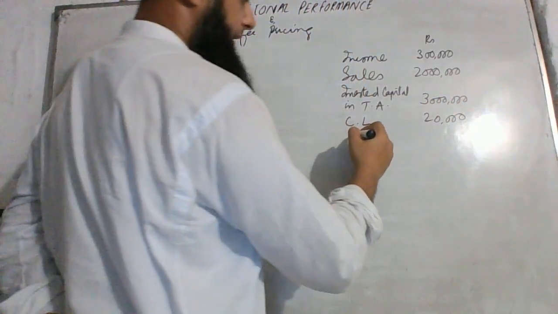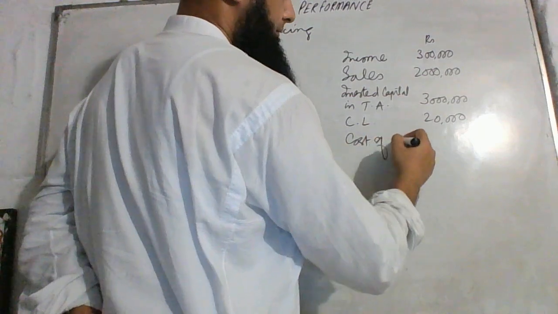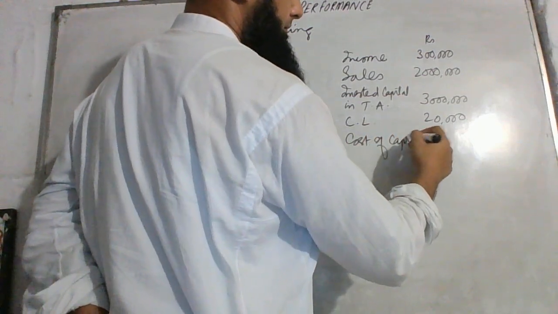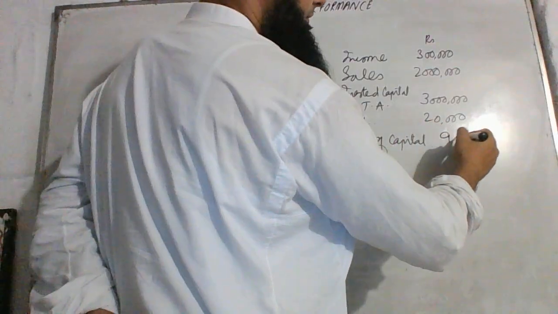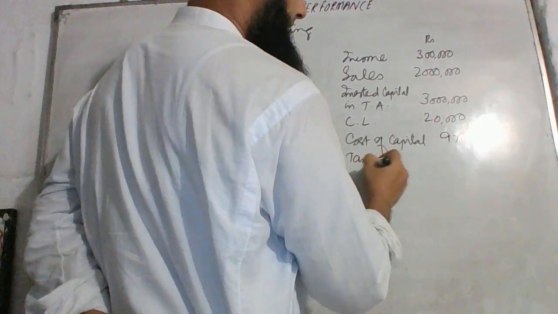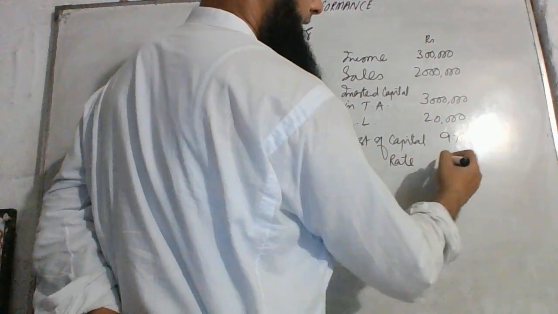The cost of capital is, for example, 9%, and the tax rate is 40%.